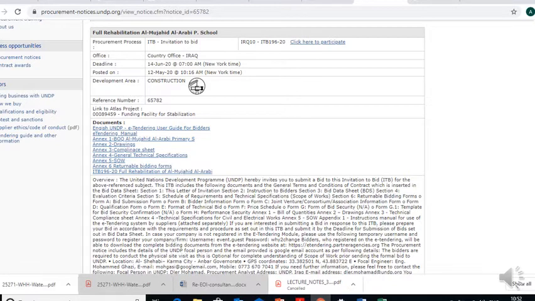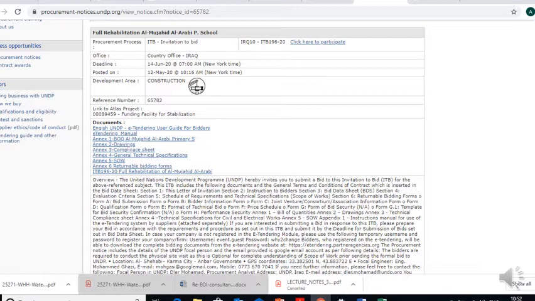So this one is also interesting. This one is actually from the website for the United Nations Development Programme. So the UN is an NGO which is basically trying to rehabilitate and develop the developing world. So if you go to procurement-notices.undp.org, you're going to have a number of different tenders that you can look at.